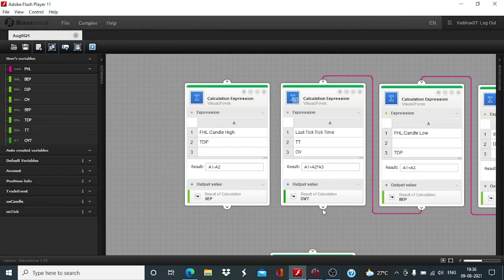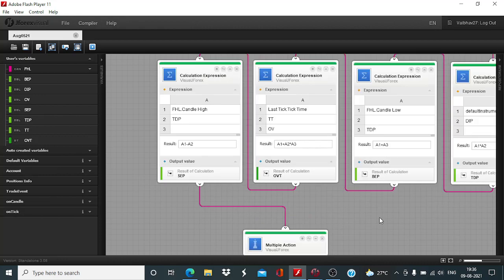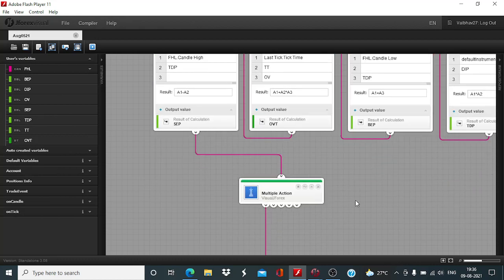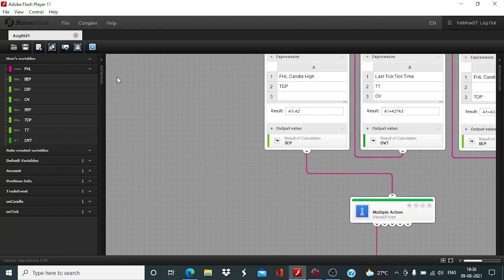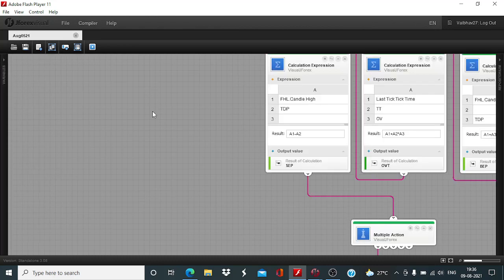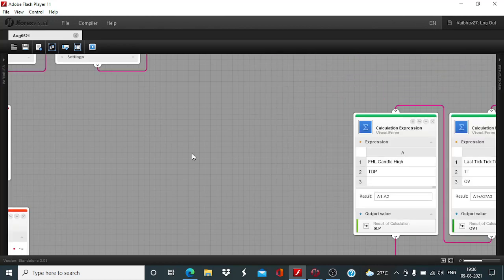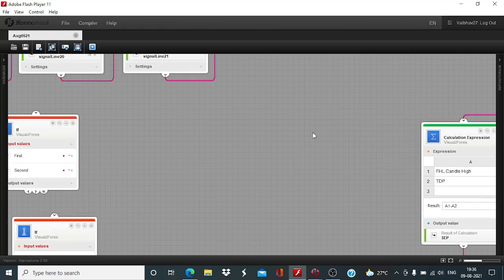I will disconnect this and join it up. We now have this requirement defined, which will come handy while defining the parameters for the trade command block.